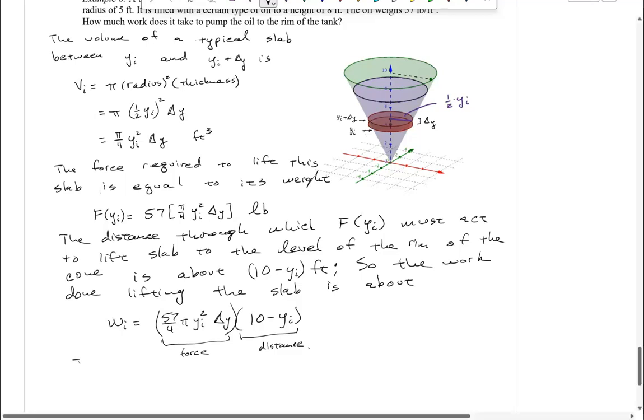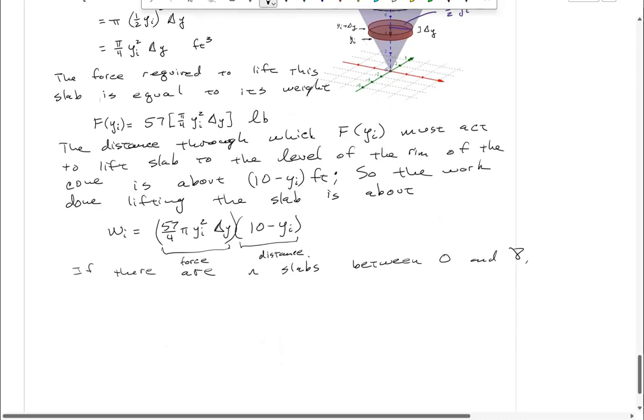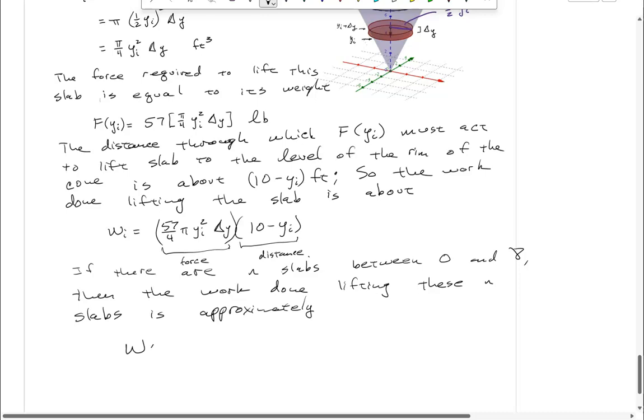So if there are n slabs between 0 and 8, then the work done lifting these n slabs is approximately the sum of the work done lifting each slab, where I equals 1 to n.